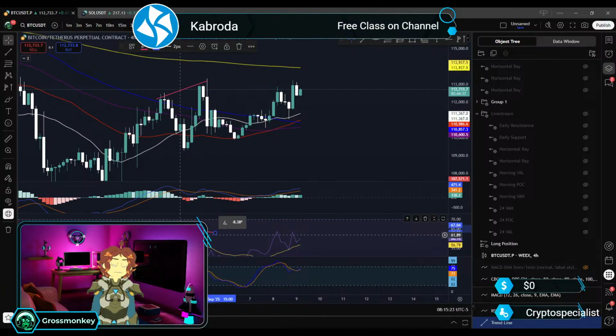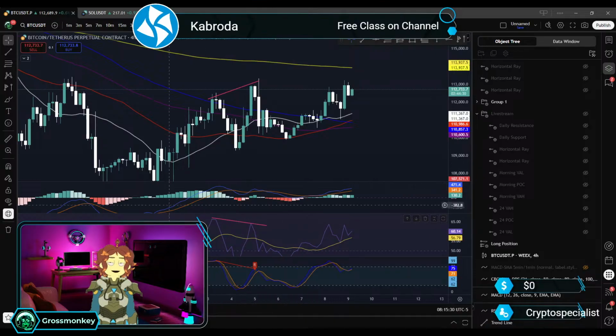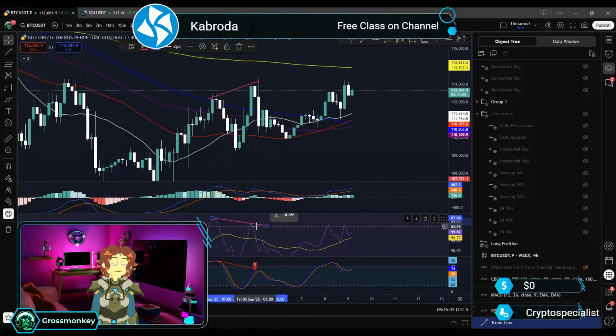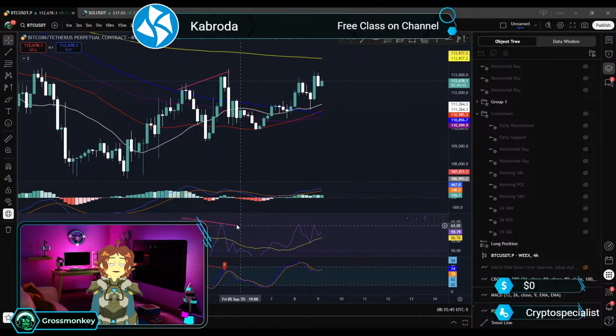Divergence is really just a difference between the RSI and the chart. So right now the RSI had a higher high and then a lower high, whereas our chart had a lower high and then a higher high. So they're just opposite of each other.